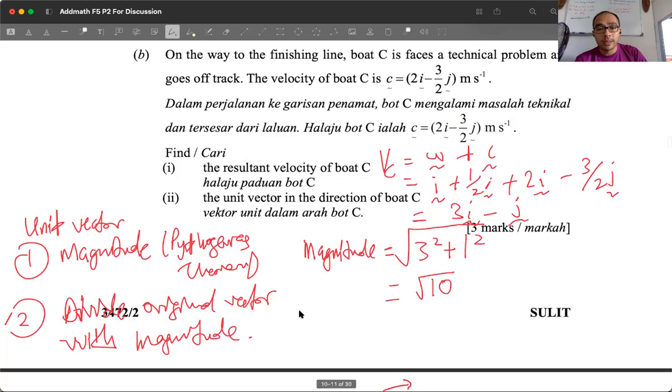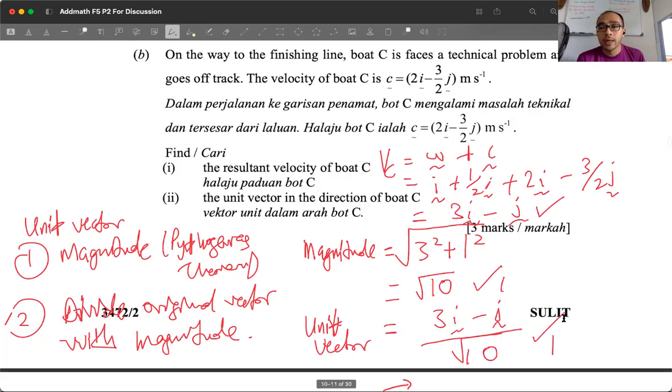So, second step, divide this and this. So the unit vector equals 3i minus j over square root of 10. That's it. 3 very easy marks. Sini 1, sini 1, sini 1.